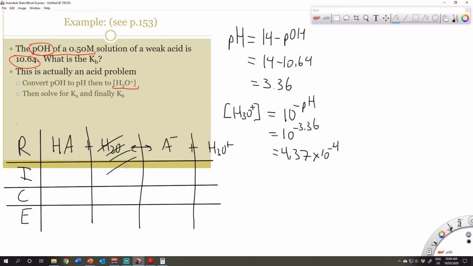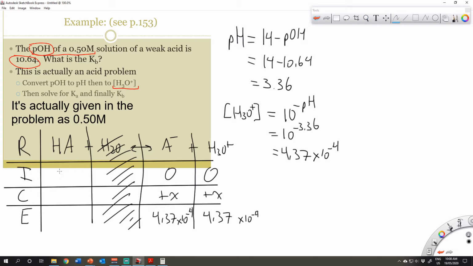We don't care about water because it's the only liquid in the solution. Now we know the concentration of my hydronium is the equilibrium concentration. The change would have been a plus x, it would have started out as 0. This would have been 0, this would have been a plus x, and this would be the same. This is our unknown, so we'll give that another variable, we'll call that y.